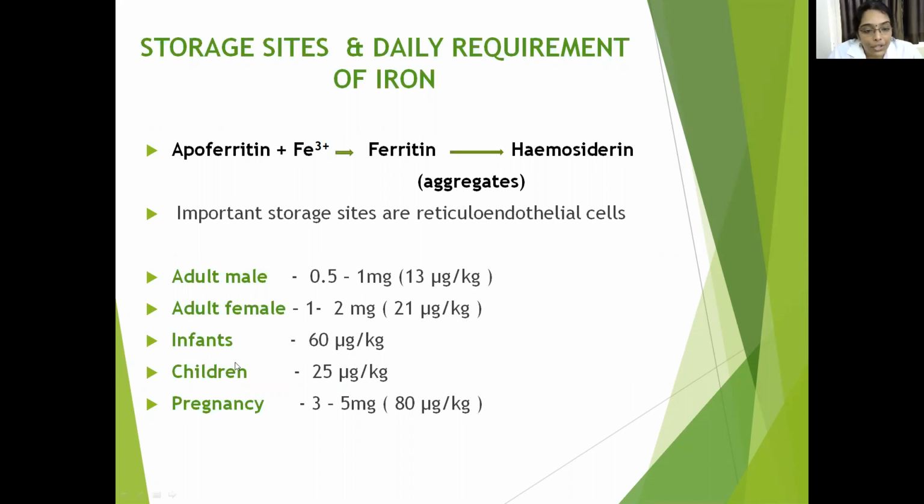In infants and children, the requirement will be more because it is the growing period and cells are rapidly dividing. In infants, it is 60 microgram per kg, and in children, it is 25 microgram per kg. In pregnancy, there is an increased requirement again, 3 to 5 mg or 80 microgram per kg.